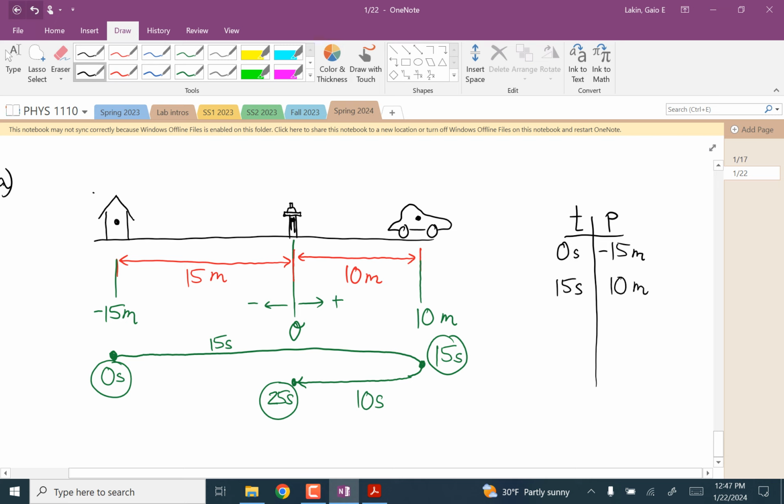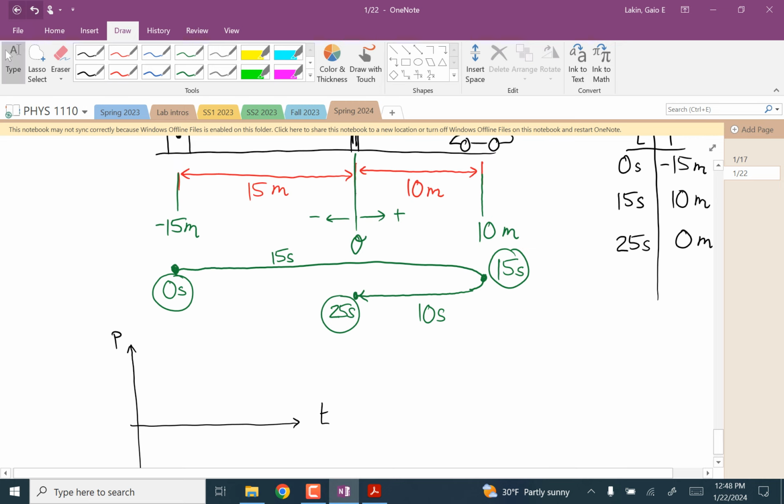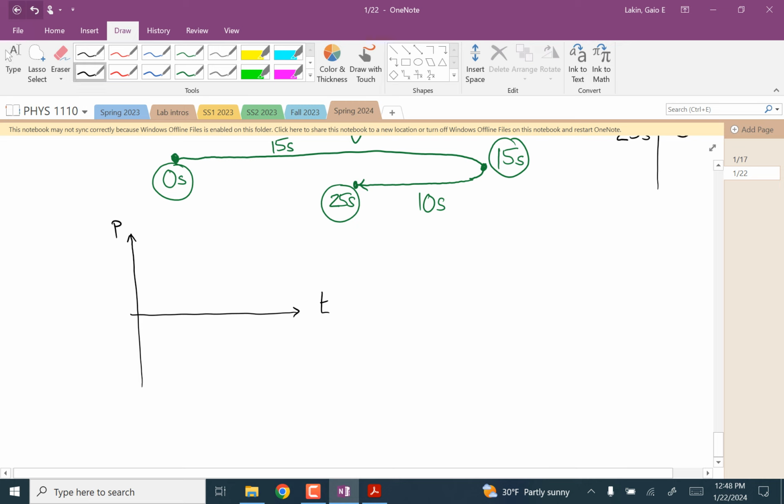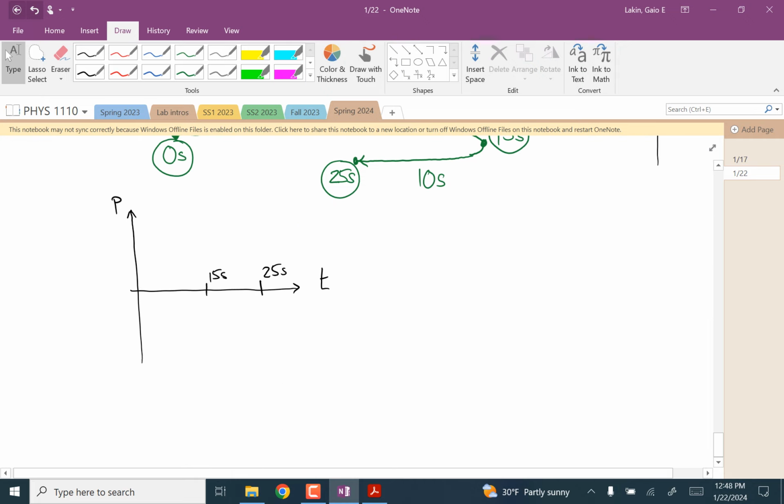And if you plot this, the times that matter are 0, 15, and 25. And the positions are negative 15, 0, and positive 10.